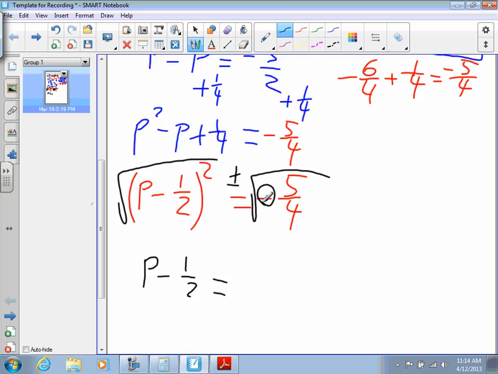We have a negative inside of the square root. There's no such thing as the square root of a negative number. It doesn't exist in the real numbers. We have a tool that we use, but there's no real number that's the square root of a negative number.